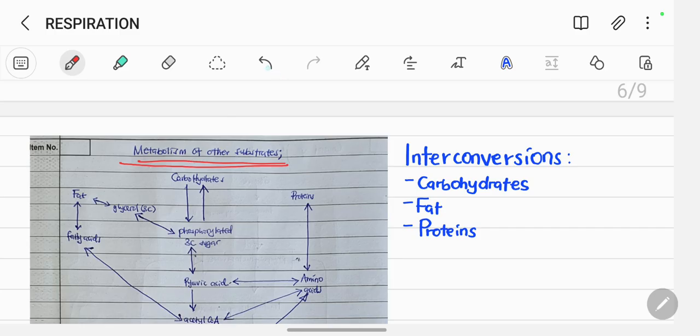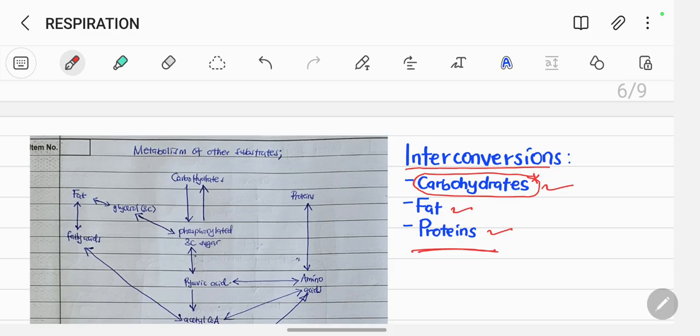And under this, I'm going to focus on the interconversions of carbohydrates, fats, and proteins. Usually they say when your carbohydrates are done in the body during starvation, the body resorts to fats and proteins for formation of energy.